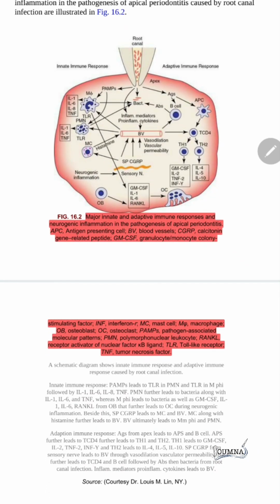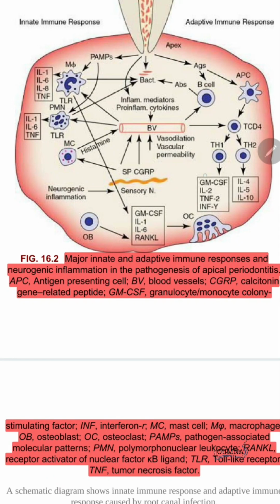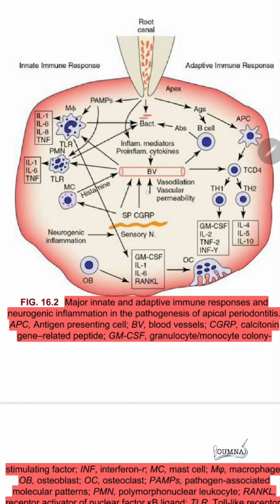Here we can see that the neurotransmitters affected the blood vessels and increased their permeability and vasodilation. So all of these immune components were present in the area and started fighting the infection and the bacteria.